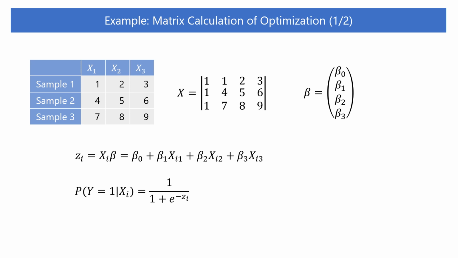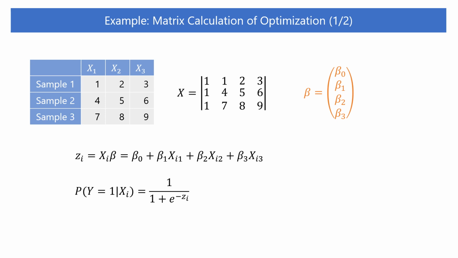Let's look at a simple example. Suppose there are three predictors, x1, x2, and x3, and three observations or data points. To include a parameter, beta 0, which is a constant term, we create a matrix by adding 1 to the vector of each data point. This is the matrix of predictors.